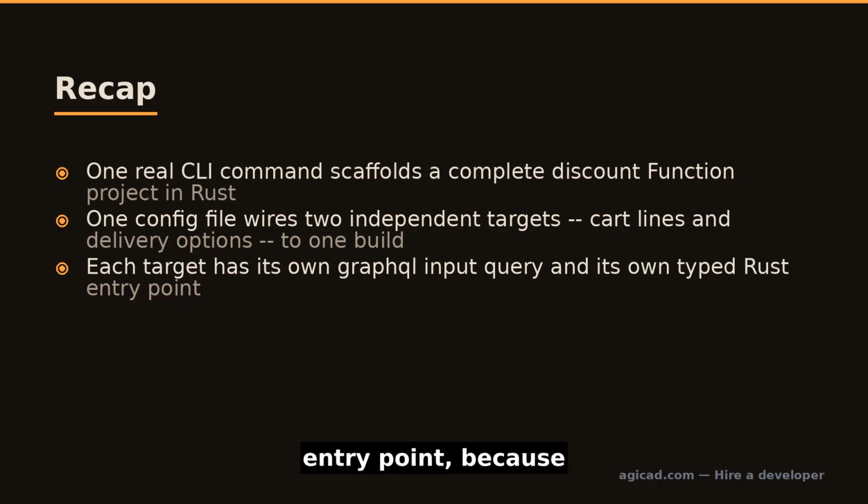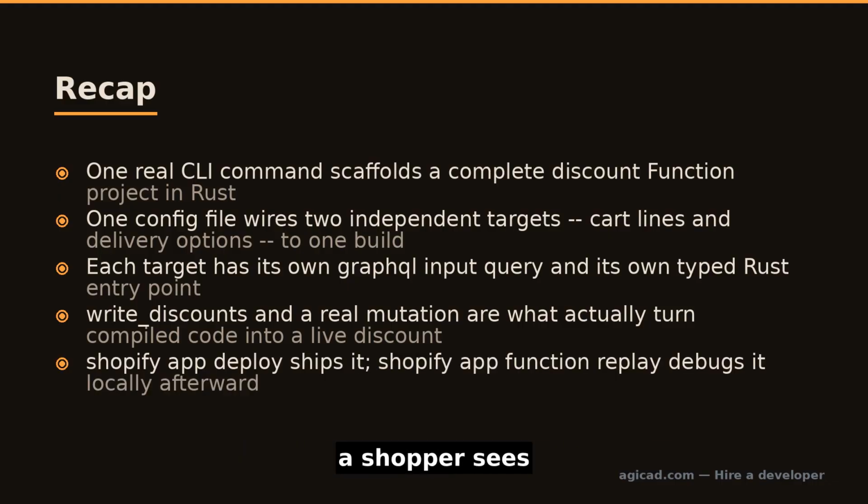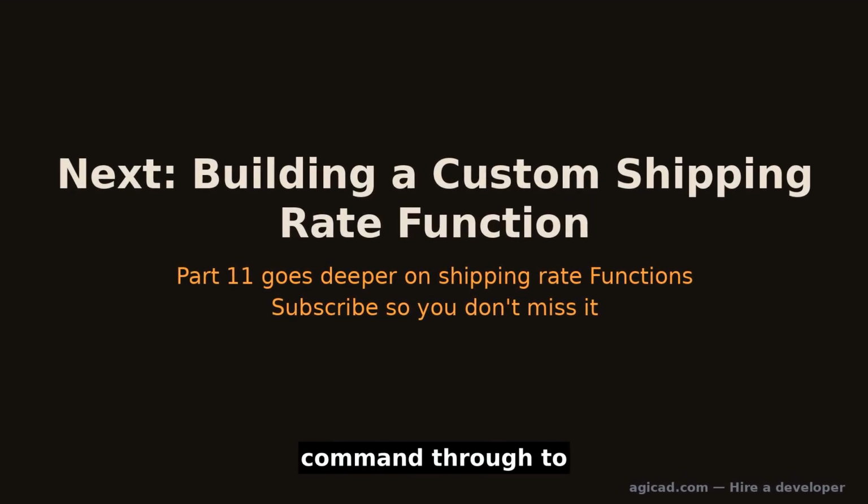The right discount scope and a real discount automatic app create mutation are what actually turn compiled WebAssembly into something a shopper sees at checkout. And once it's live, Shopify app deploy ships new versions, while Shopify app function replay lets you debug any past execution entirely locally. That's a complete discount function, built from one terminal command through to a live discount a real customer would see: scaffolded, configured, coded, and deployed, using nothing but Shopify's own current tutorial source.